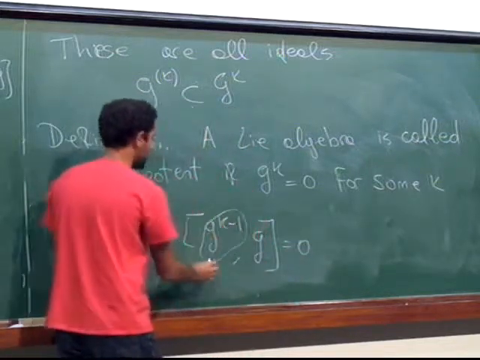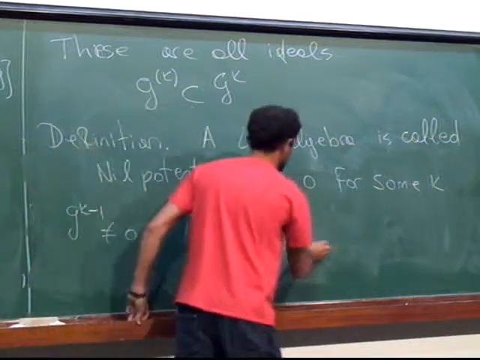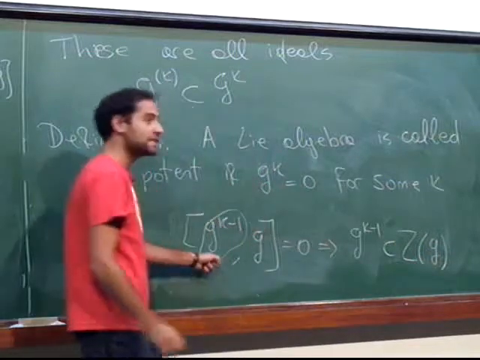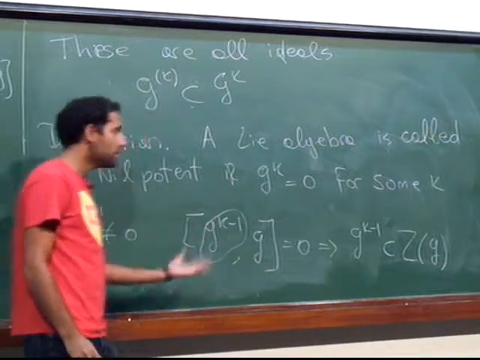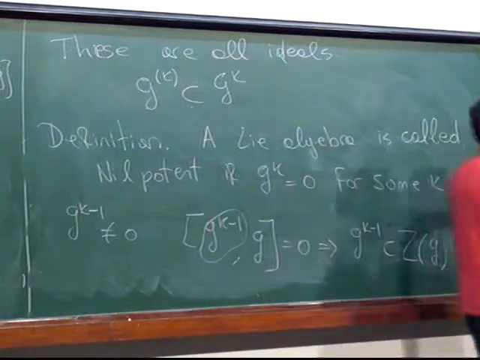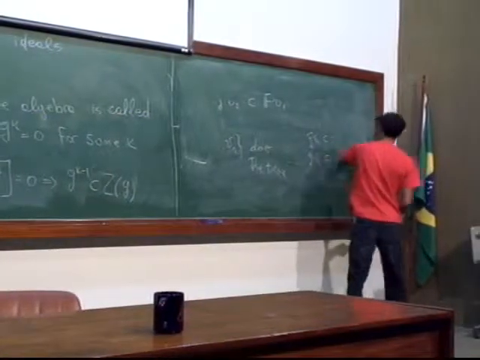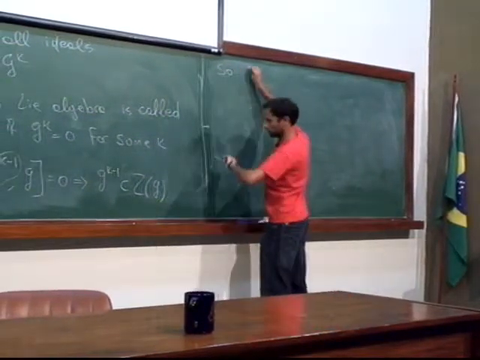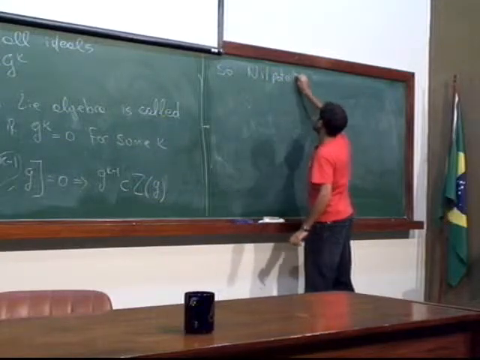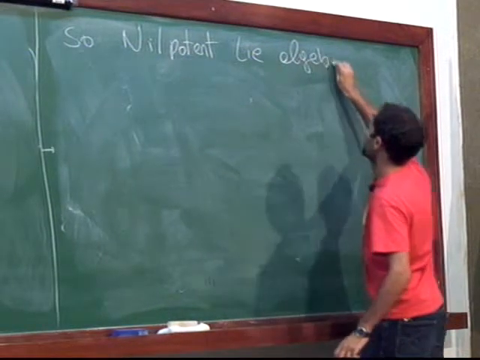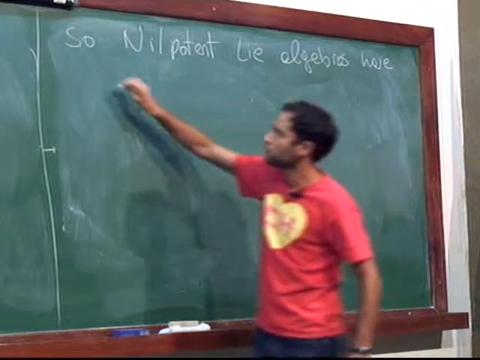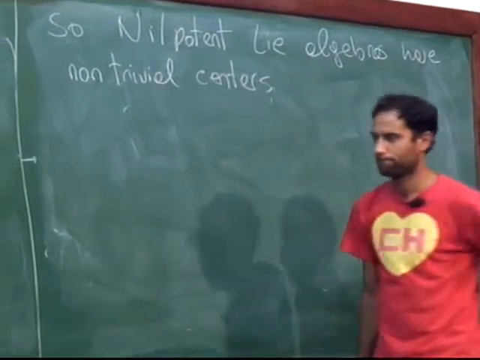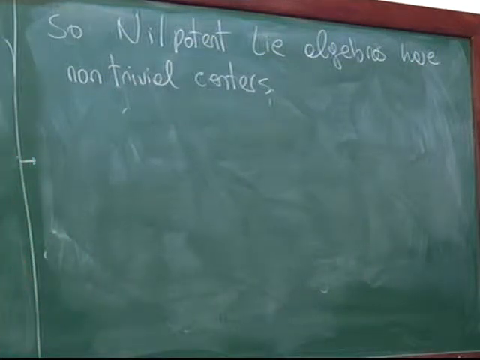This means that this guy here has to be inside of the center, because any element here commutes with the whole algebra G. So a nilpotent Lie algebra has a non-trivial center, because G^(k-1) is non-zero.